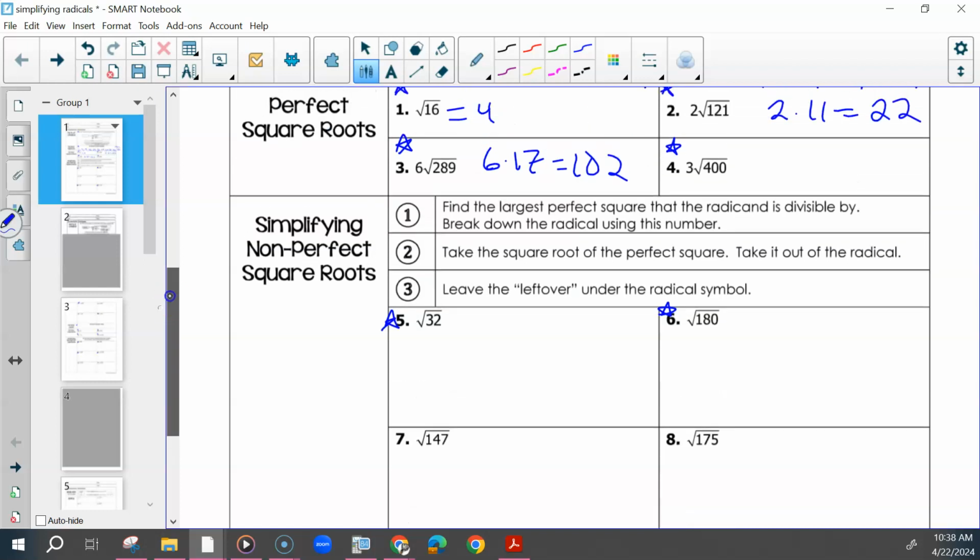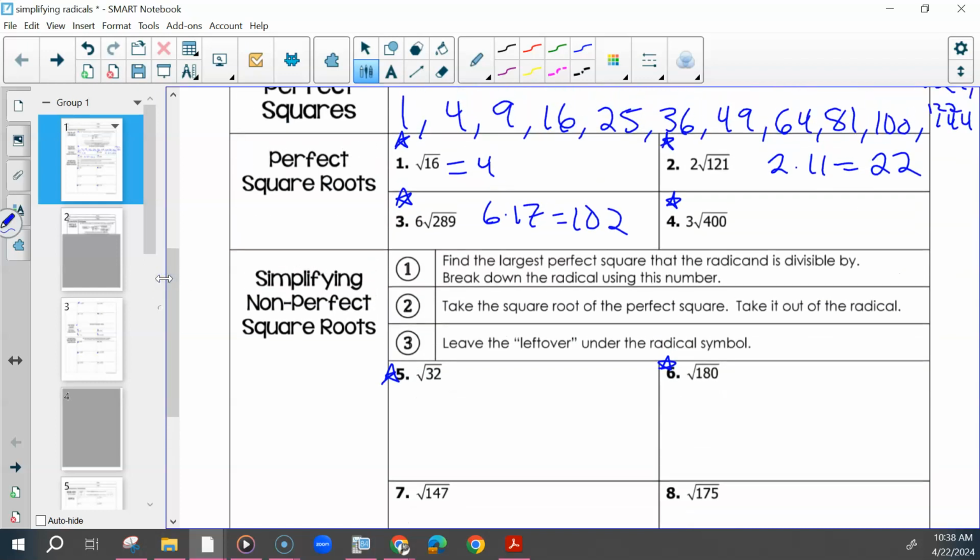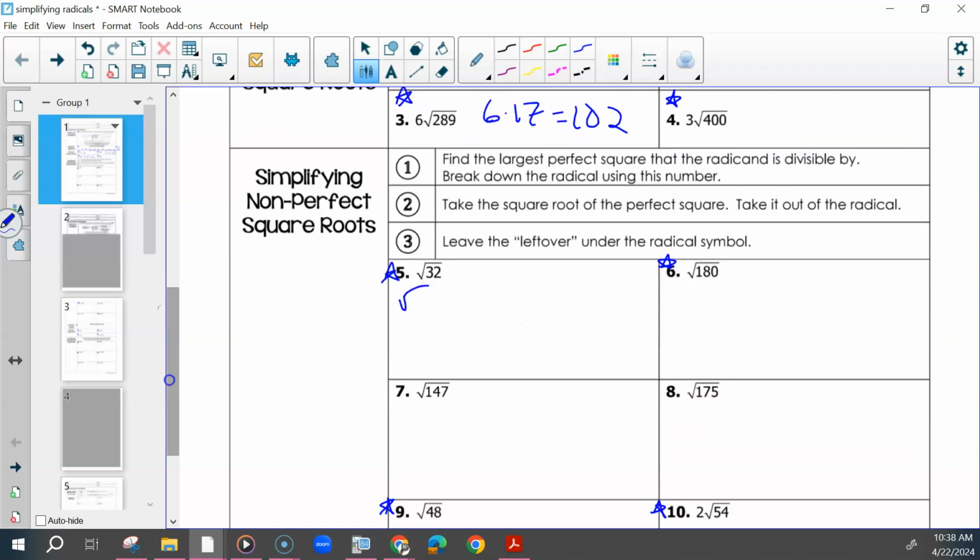So think about your perfect squares, think about this list. Which of these, if I divided this, would go into it? 4. Okay, that does, but look for something higher. 16. Because you want to go with the highest number. 16 times 2 would give me 32. And I know the square root of 16 is 4. So this would be 4 times the square root of 2.